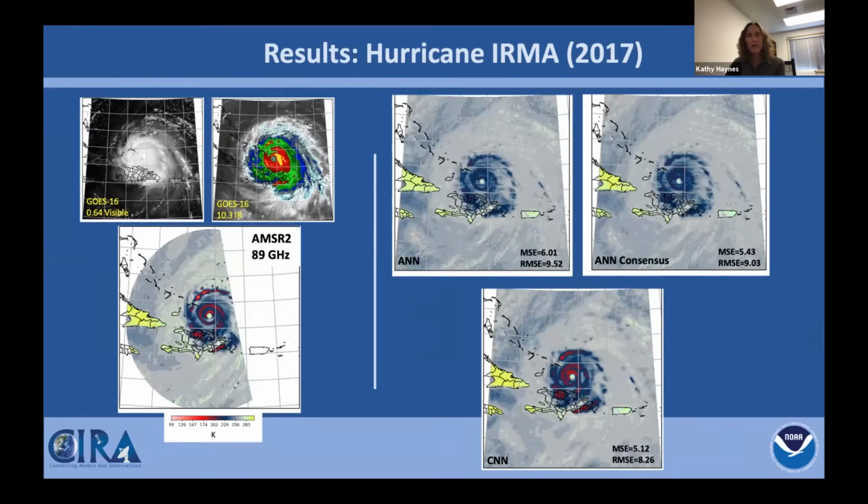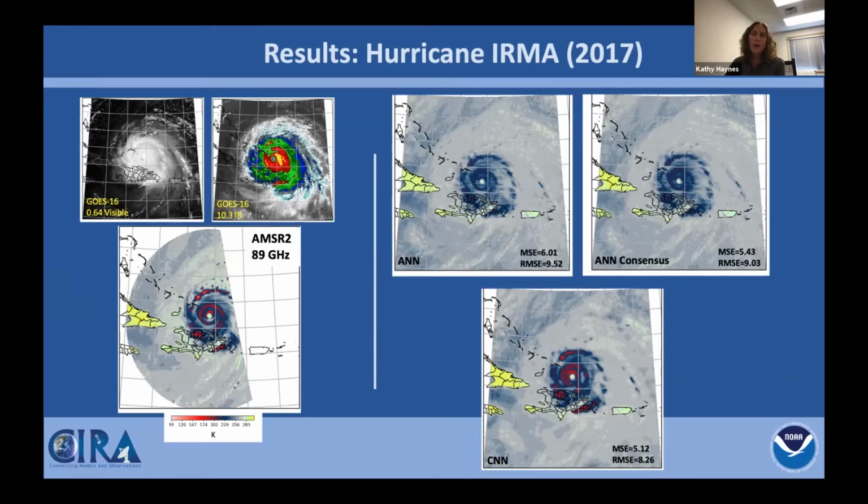If we move along to Hurricane Irma, again, the figures on the left-hand side show you the observations, and the figures on the right-hand side show you the predictions from our machine learning methods. This time, we're only focusing on the neural network results. In the top 2 predictions shown on the right, we see that in this case, the ANN consensus does indeed outperform the individual model, but it still cannot predict those low brightness temperatures.